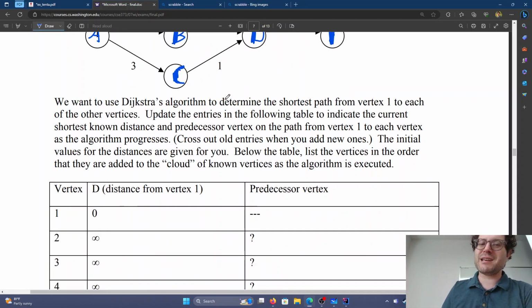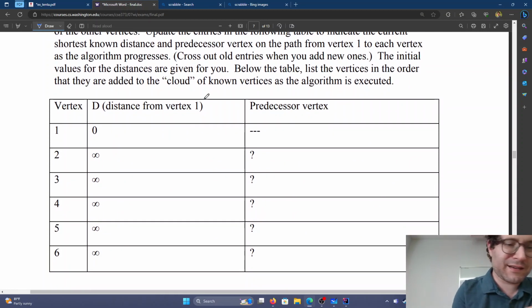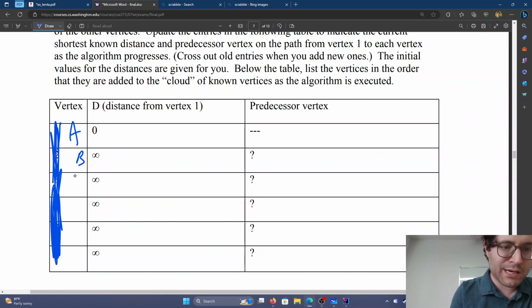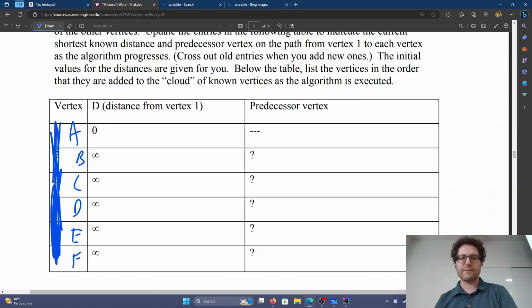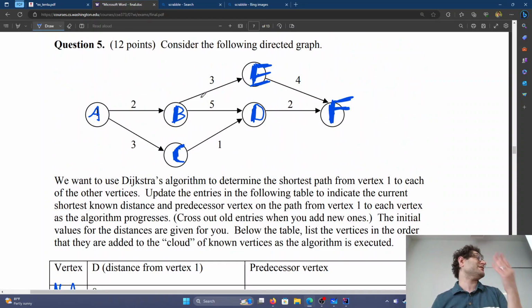Okay, but the idea here is now that we've got A, B, C, D, E, and F over here. So now we can have a much easier time going through our graph.